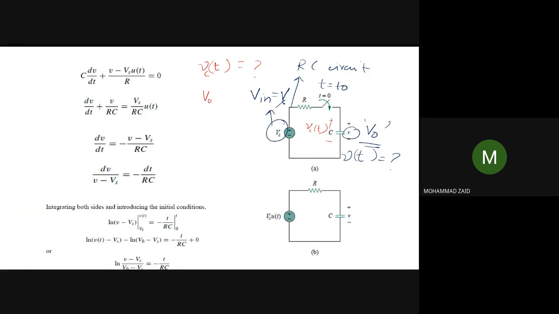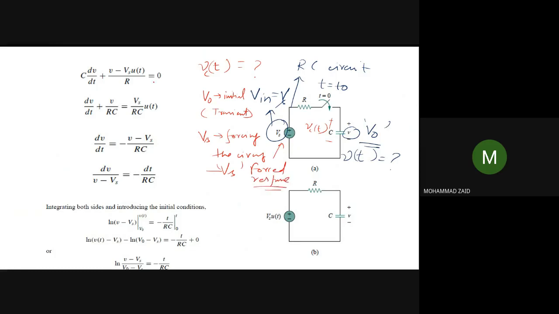V naught is the initial condition, that is the initial capacitor voltage, so that will decide the transient part or the natural response. And Vs is why it is called a forced response, because we are forcing the circuit through an external voltage source, that is Vs. So Vs will define the forced response.